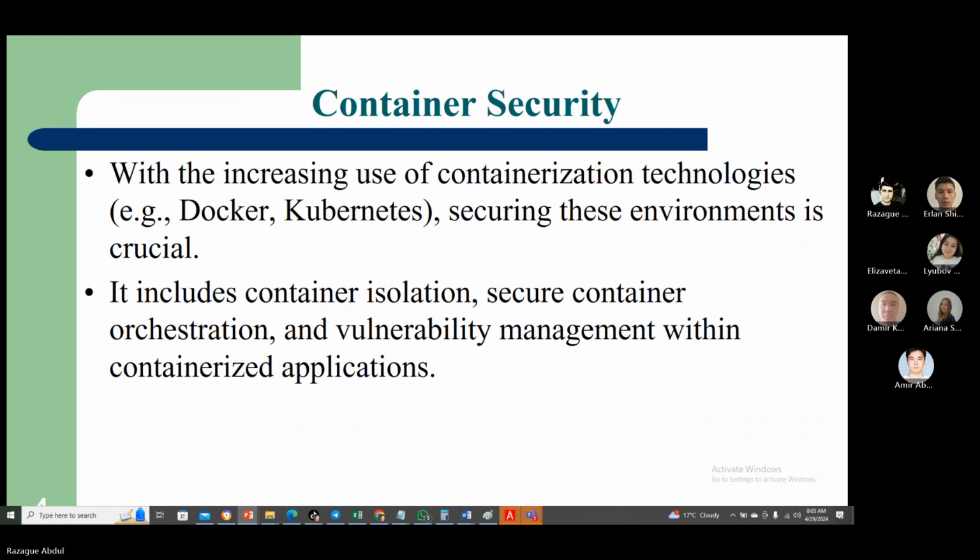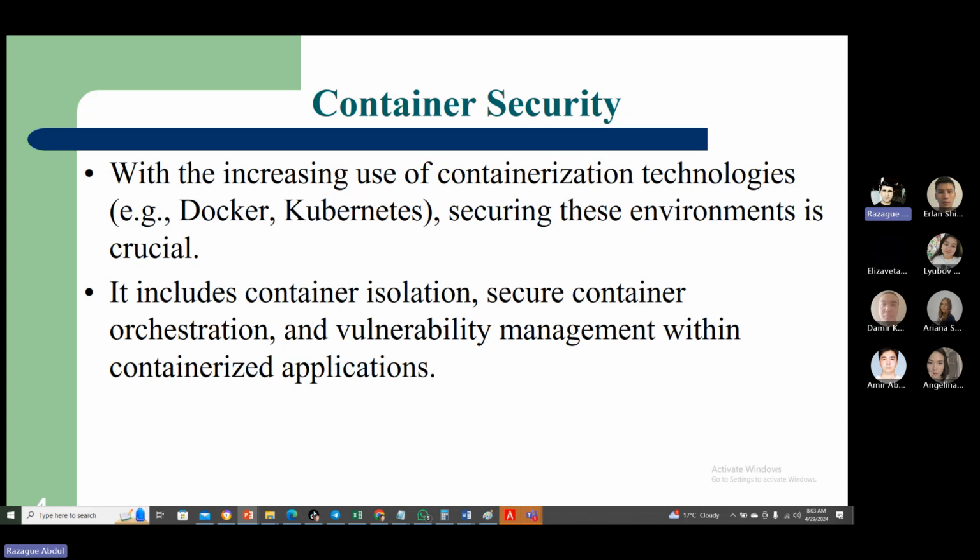However, the dynamic and distributed nature of containers introduces new security challenges that must be addressed to protect sensitive data and maintain system integrity. Ensuring robust container security encompasses several key areas, including container isolation, secure architecture, and vulnerability management.